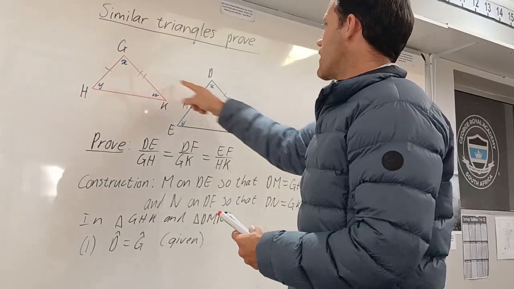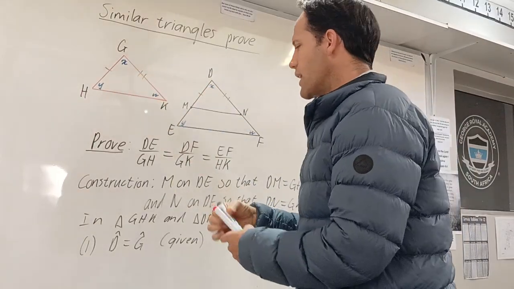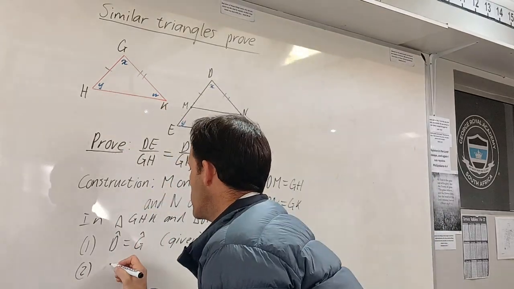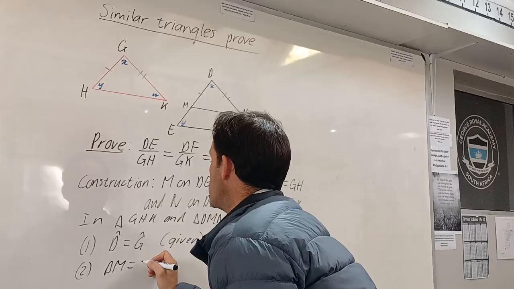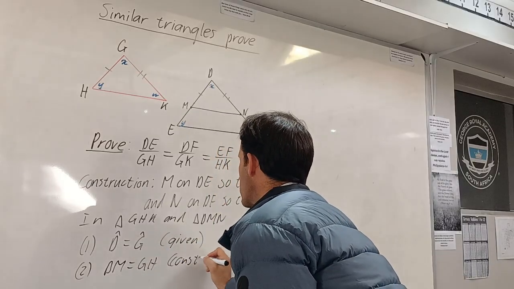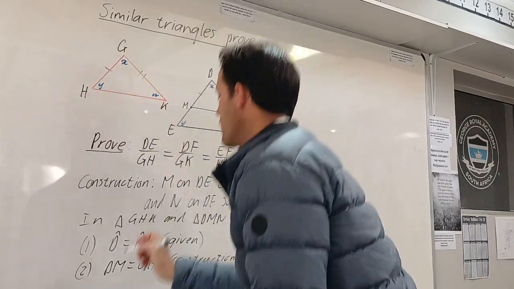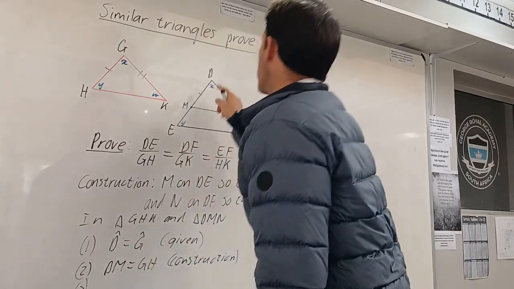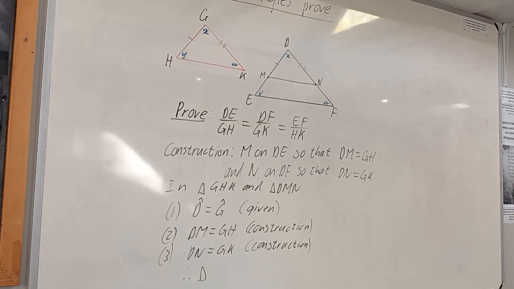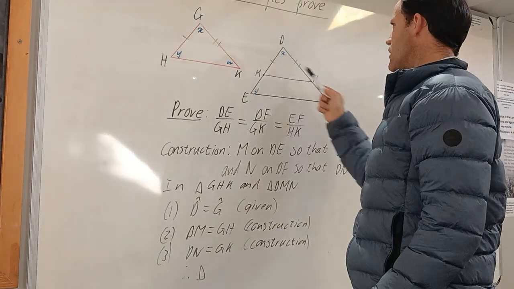So we said this angle is equal to this one because it's given. Then we can say DM is equal to GH, because it's our own construction. We made a construction so that they can be equal. And then thirdly, we can say that DN is equal to GK.